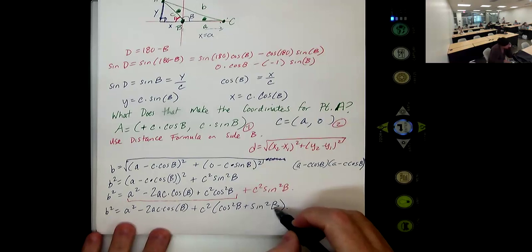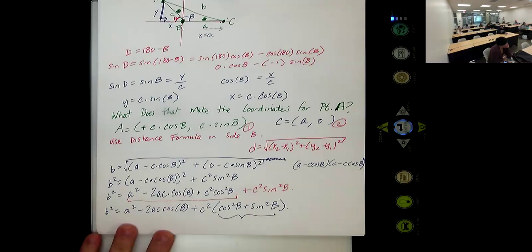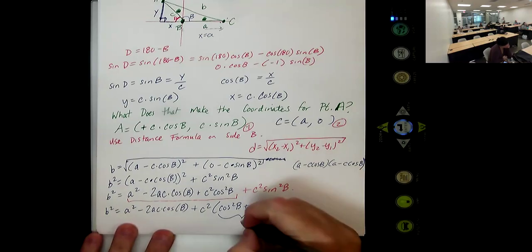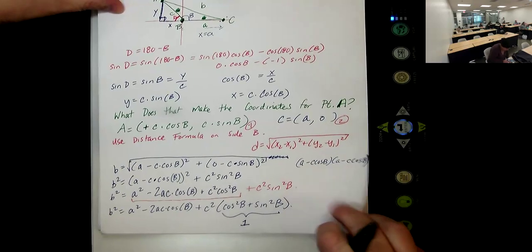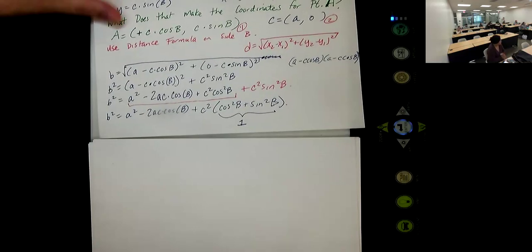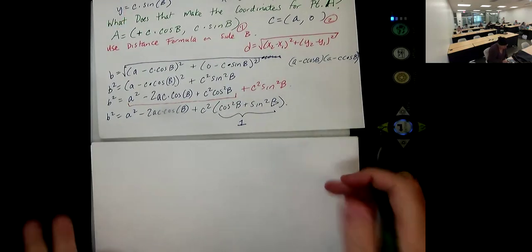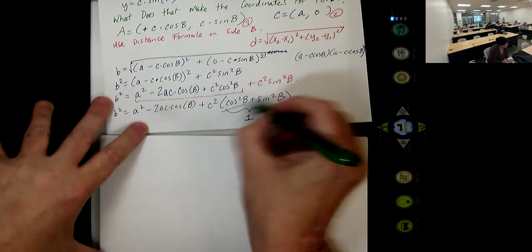And what does cosine squared b plus sine squared b equal? 1. So if I put that, that goes to 1, it kind of goes away.